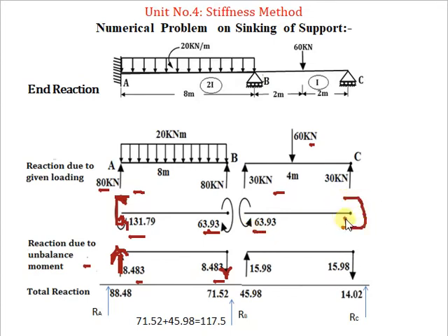So that direction will be in a clockwise sense. So to maintain that clockwise moment, you have to find out the reaction first. So 63.93 divided by span 4 is equal to 15.98 kilonewton force.